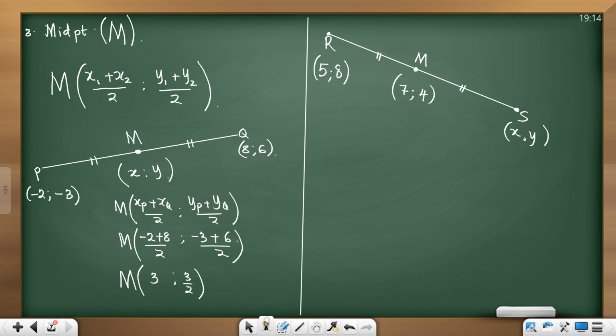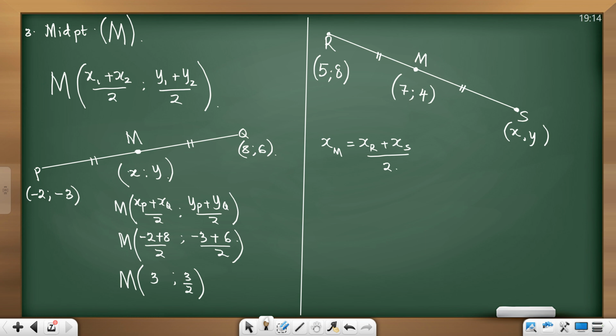Now, I'm sure we all did that. Look at the second one. Please don't make a mistake. The second one, I am now looking for S, not the midpoint. You do it the same way and substitute. I know my midpoint as (7, 4). The X midpoint, capital M, should be (XR plus XS) over 2.